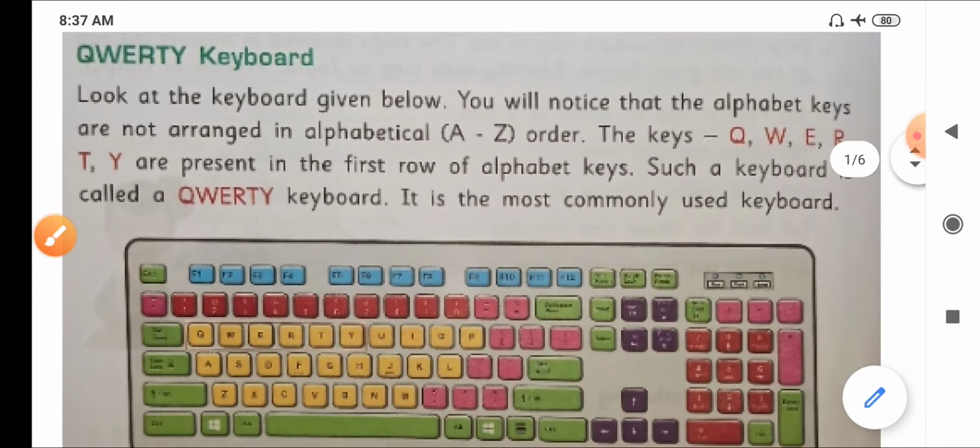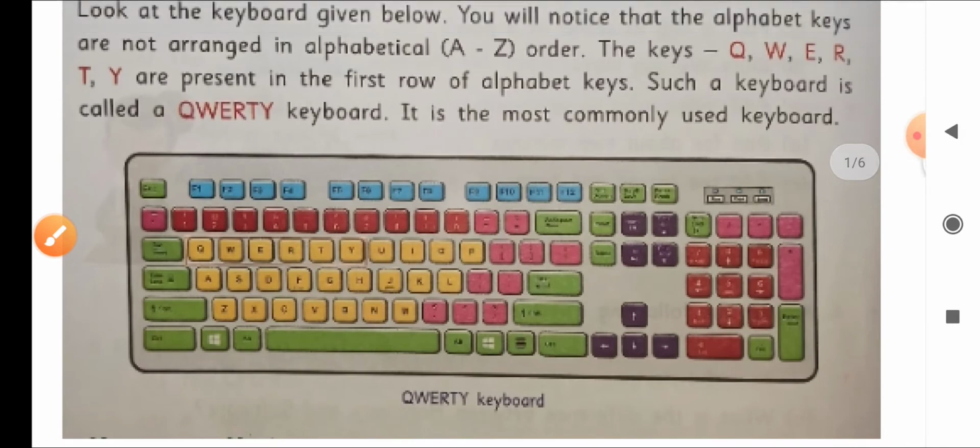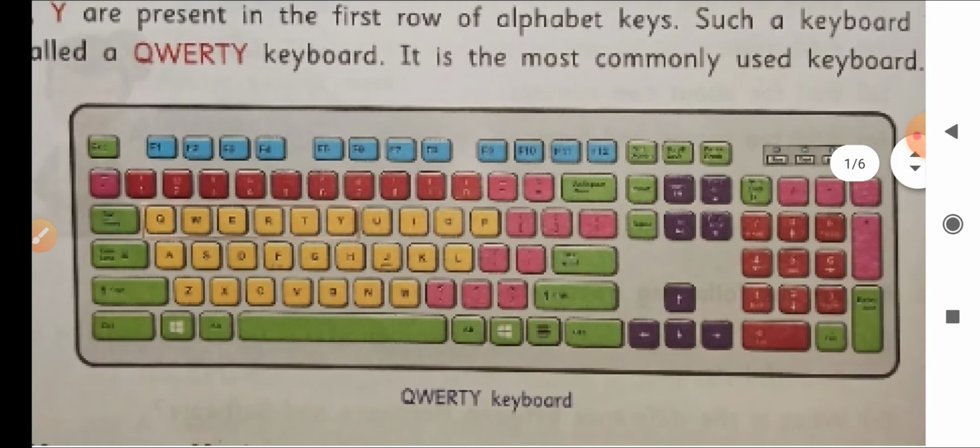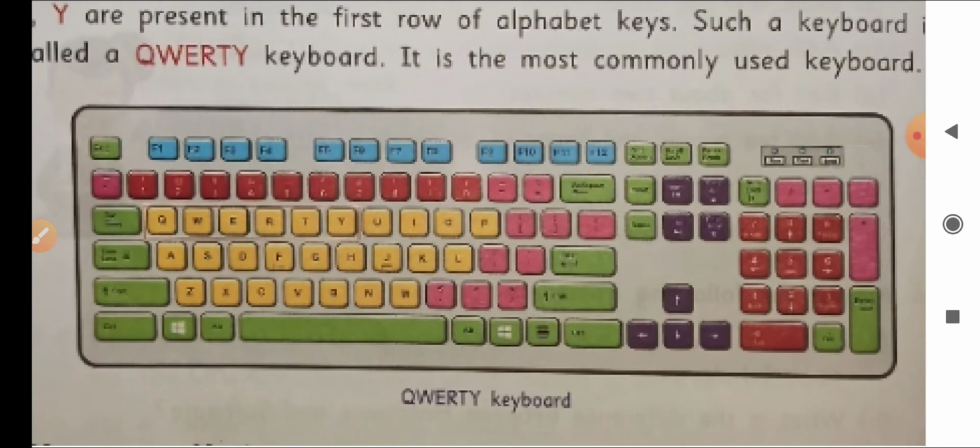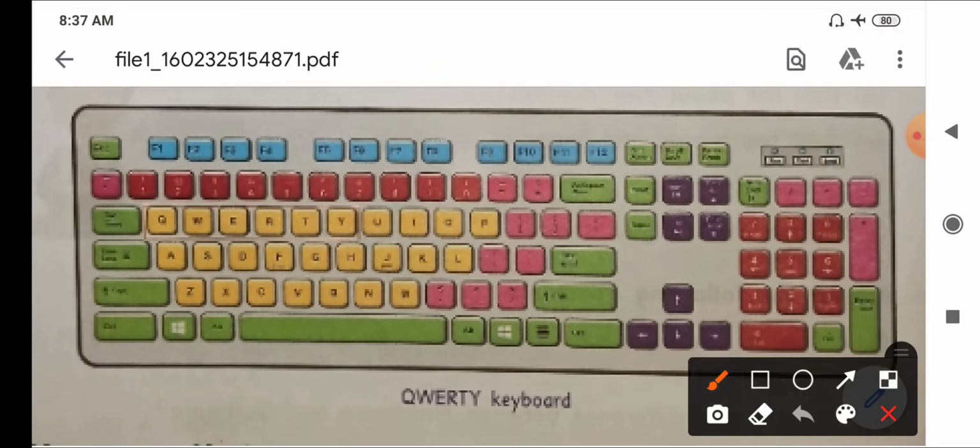You can see here there is a keyboard with various keys over it, and here you will notice this is QWERTY. Due to this reason, the name of the keyboard is QWERTY keyboard.